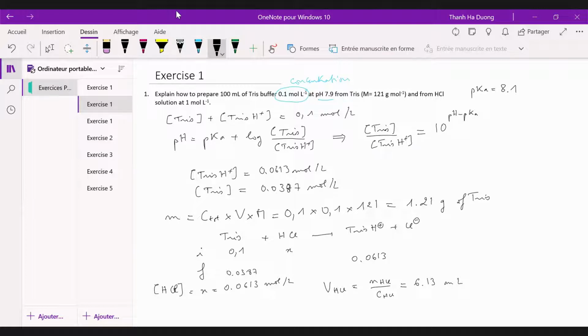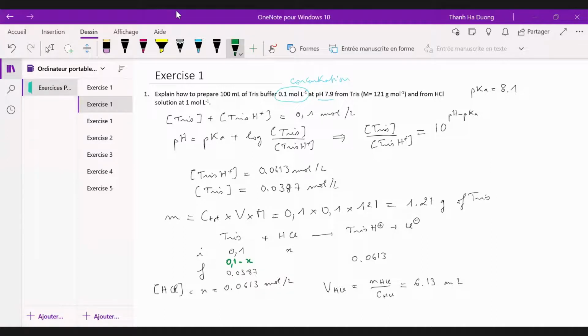But because you have a total reaction, all the acid that you put will react with the tris. So the tris concentration will be 0.1 minus X.